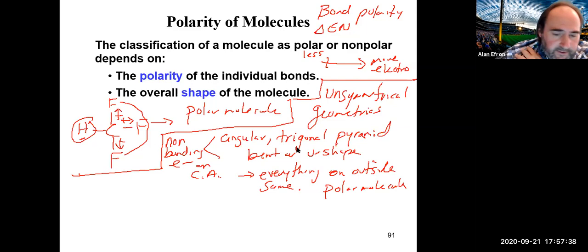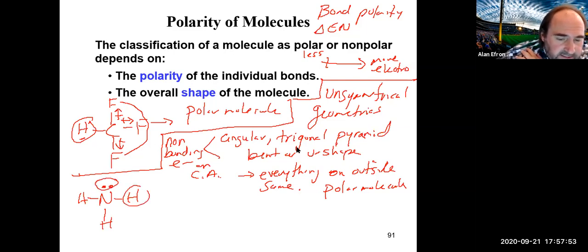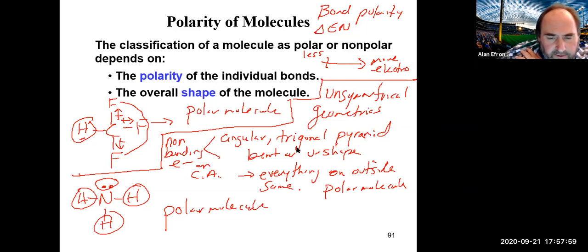So, for example, NH3, we draw it. What I'm really looking for is I see dots on my central atom. I see everybody on the outside is the same. This is going to be a polar molecule. The example we had earlier, which was water: I see dots on the central atom, I see everything the same on the outside, also going to be a polar molecule.